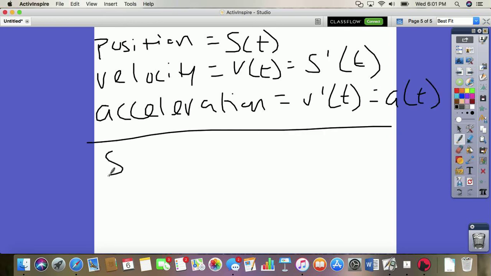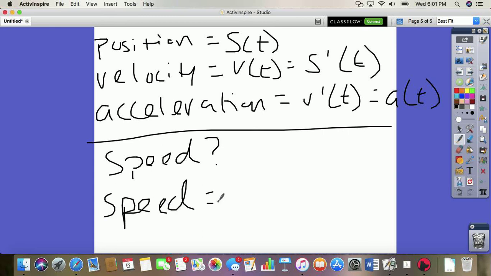So what about speed? Speed comes into play when we're talking about velocity. Speed is equal to the absolute value of velocity. We're going to be asking ourselves, well, how can velocity even be negative?